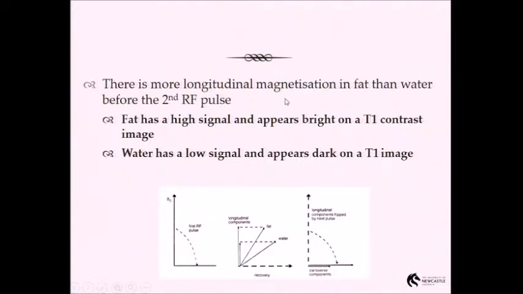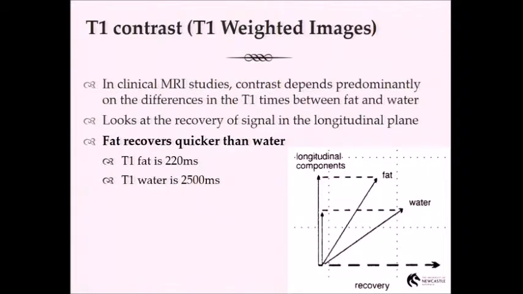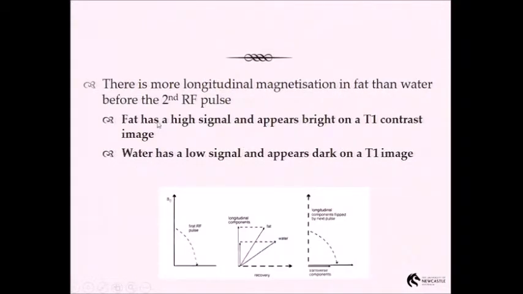So there's more longitudinal magnetisation in fat than water before the second pulse, the pulse that creates the echo, because the fat is recovering at a faster rate than water. Therefore, fat has a higher signal and appears characteristically bright on a T1 weighted image, whereas water has a low signal on T1 weighting.